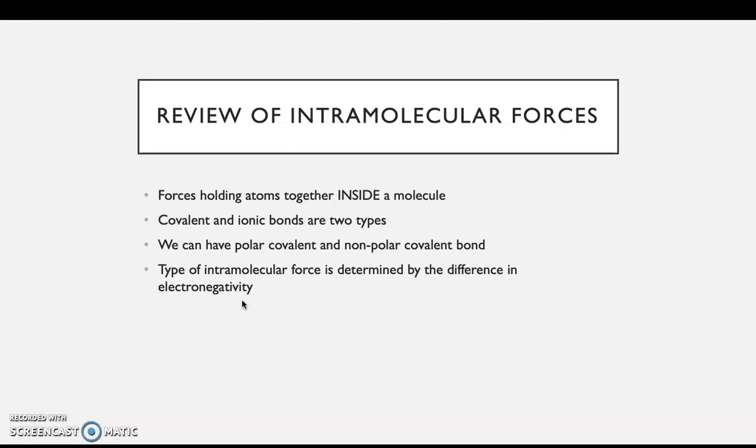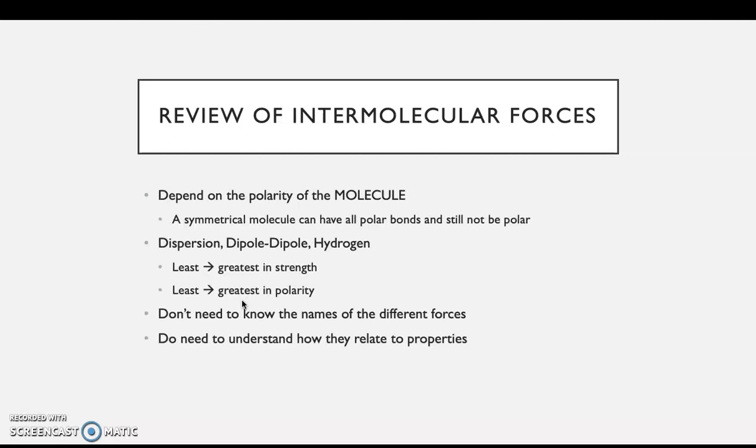Now remember that this is a continuum. Things are more ionic or more covalent or more polar covalent or more nonpolar covalent. It's not a set rule where at this benchmark something becomes ionic all of a sudden. So we can kind of see mixing of properties sometimes because of this.